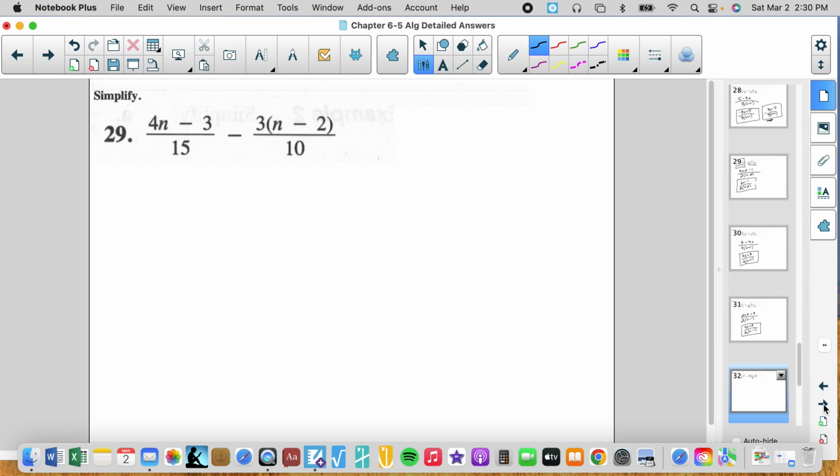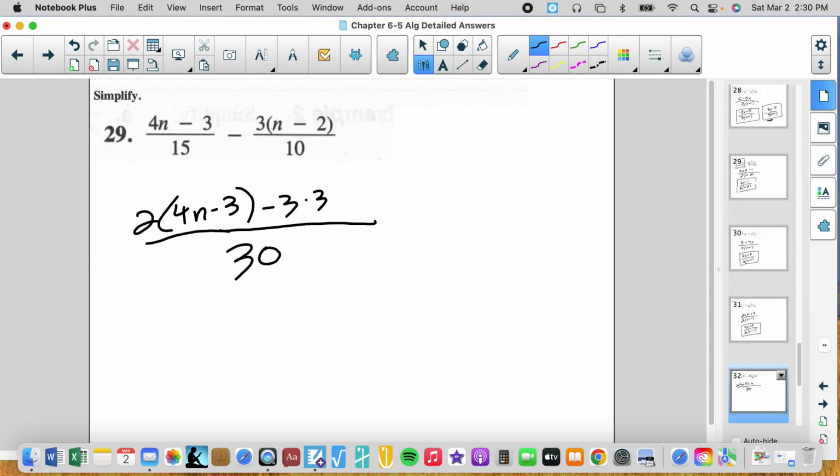Common denominator is 30. Let's do it this way, 30. So 15 is going to have to be 2 times that numerator. And 10 is going to be negative 3 times 3 times the quantity n minus 2. We've already got our negative 3 here. And then, in order to make a common denominator, we also have to multiply by 3. So that's 2 times 4n is 8n minus 6.